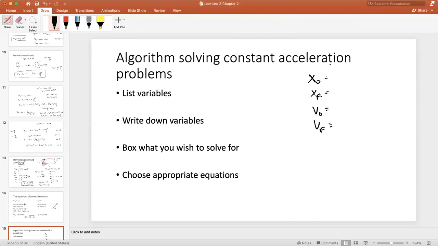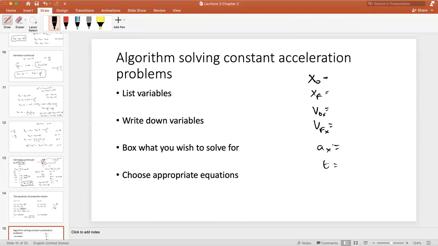But essentially, this is at the start of the problem what these values are. And if you had y, you would similarly make a column for y, and you might call these x. Okay, that's the first thing you need to do.